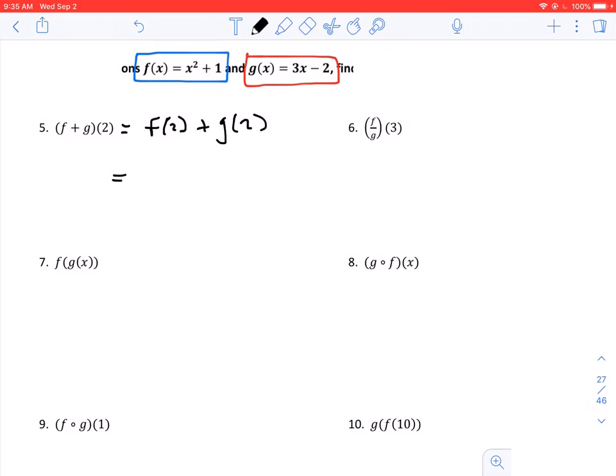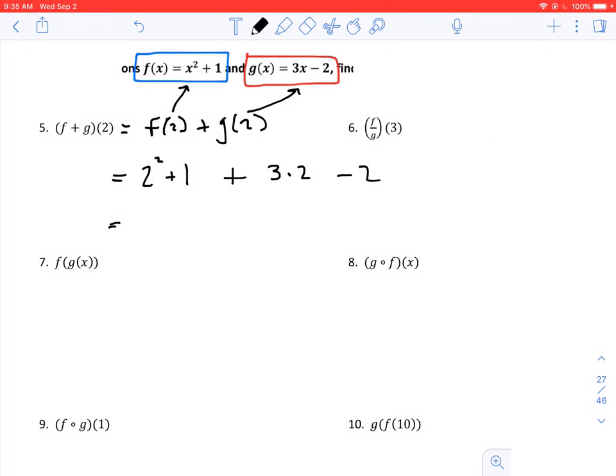So let's find f of 2. F of 2 is what we get when we plug a 2 into the f function. So that would be 2 squared plus 1, plus g of 2, which is what you get when you plug in a 2 here. That would be 3 times 2 minus 2. Okay.